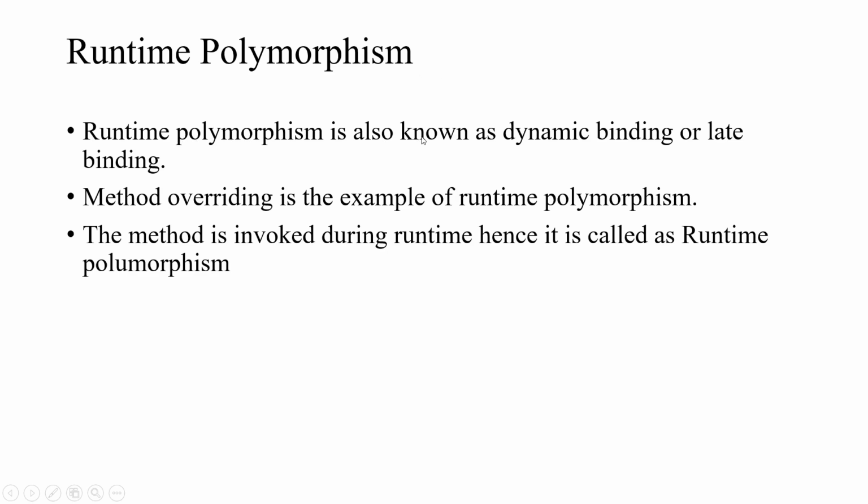Runtime polymorphism is also known as dynamic binding or late binding. Method overriding is an example of runtime polymorphism. The method is invoked during the runtime, hence it is called runtime polymorphism.